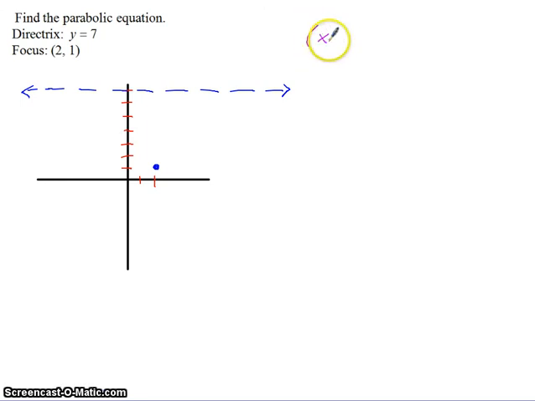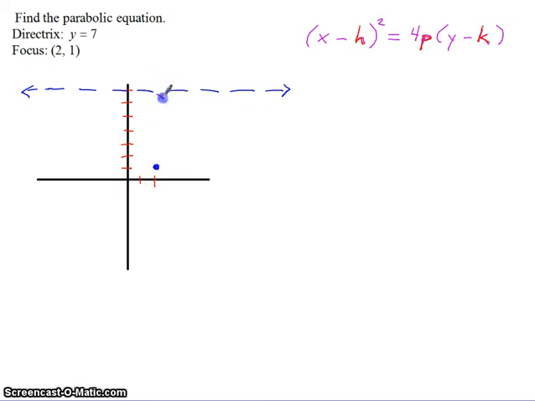So I have (x minus h) squared is equal to 4p times (y minus k). To come up with the equation of this particular parabola, I need the h, k, the vertex of the parabola, and I need the p-value. So the vertex of the parabola is right in the middle of the focus and the directrix.